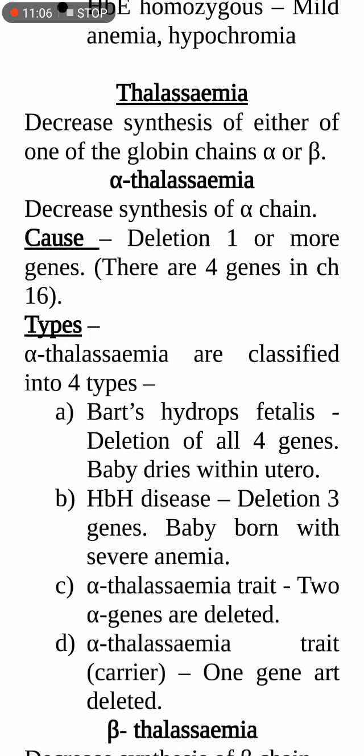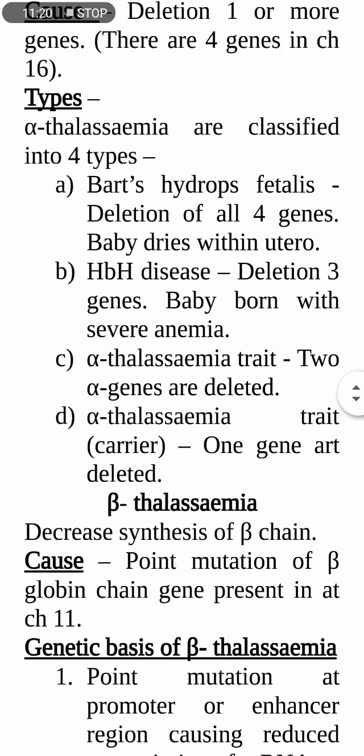If there is a deletion of 3 genes, it is called HbH disease, and the baby is born with severe anemia. If there is a 2 gene deletion, it is called alpha thalassemia trait, and if 1 gene is deleted, this is called a carrier.